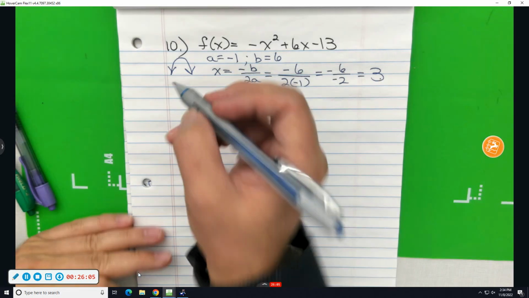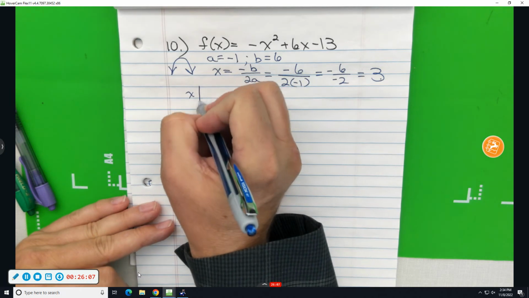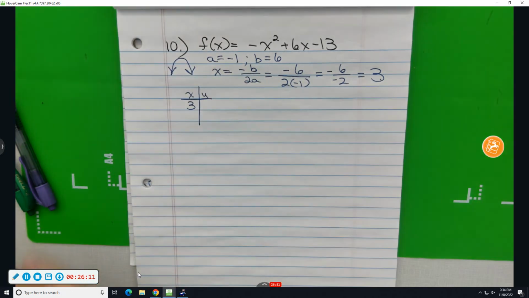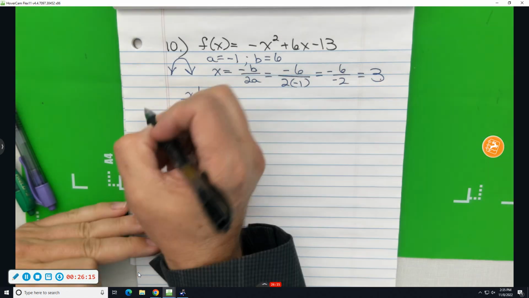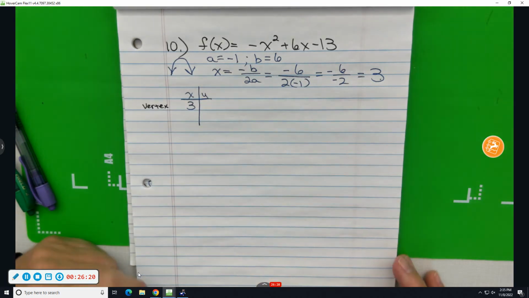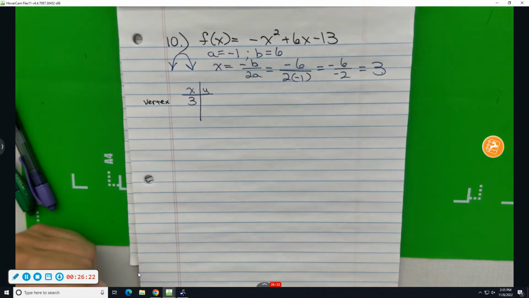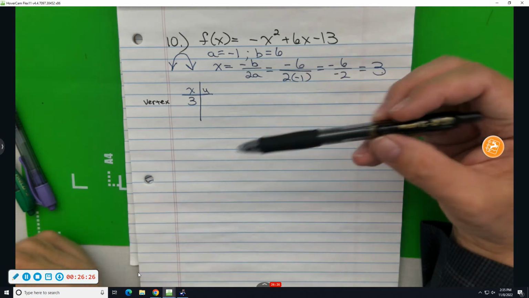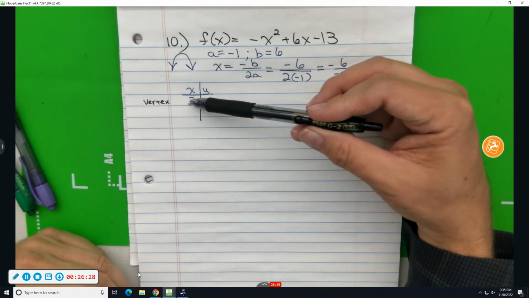What we would do now is make a table of values. I'd plug in 3 for x, and I'd make a note. This is my vertex, because when you're drawing the graph, you'll have to plot the vertex first. And then we'd use another number. I remember saying, don't move more than 2 units away.